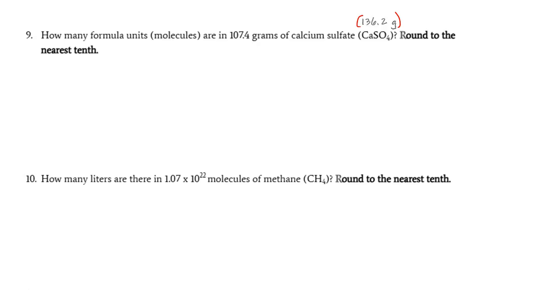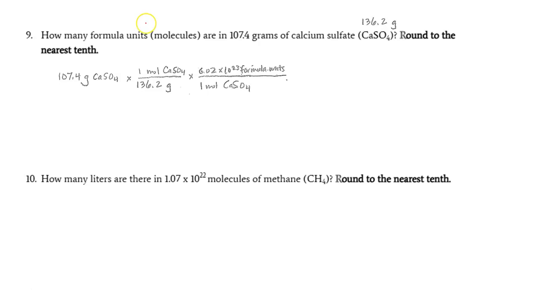Okay. So I have 107.4 grams of calcium sulfate. I'm going to multiply that by the inverse of our molar mass. So I'll essentially be dividing. Right? Now, one of the things I do want to point out here, the reason we start multiplying by inverses is I'm converting from grams into moles. Okay, so the grams cancel.